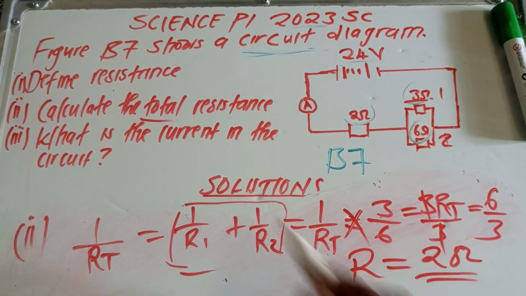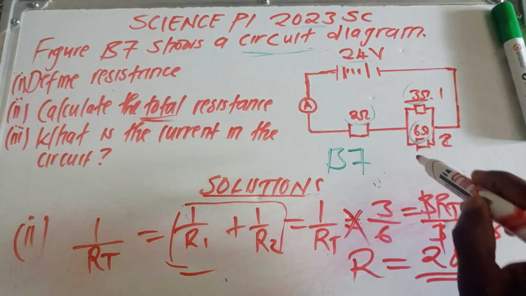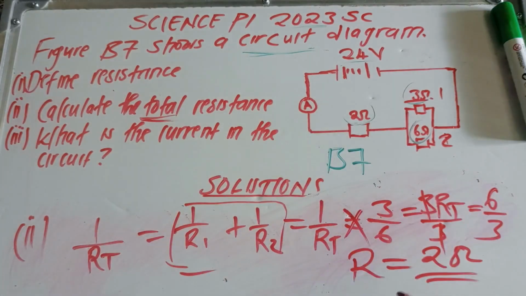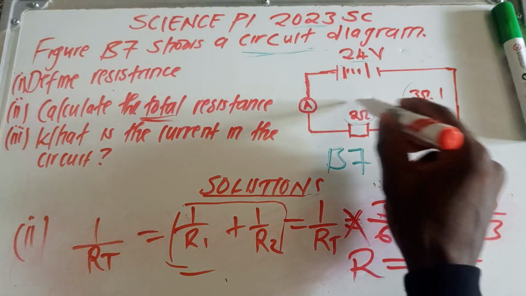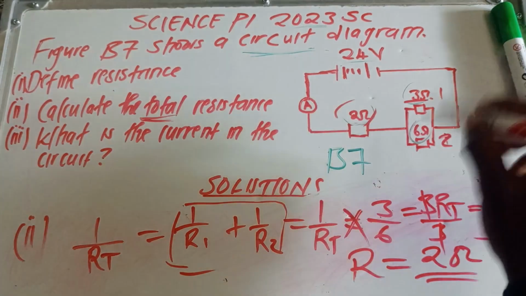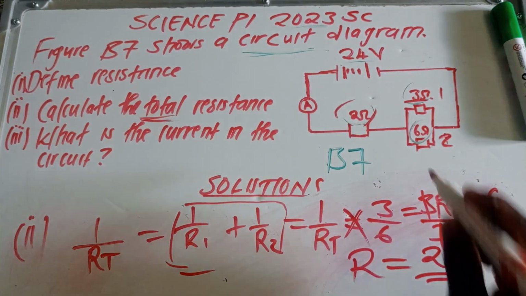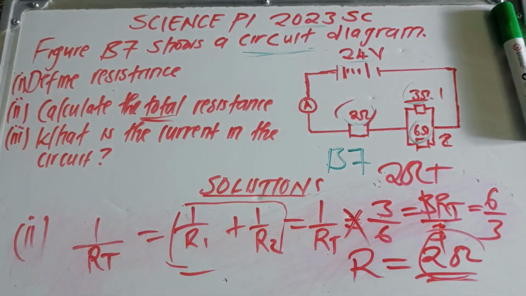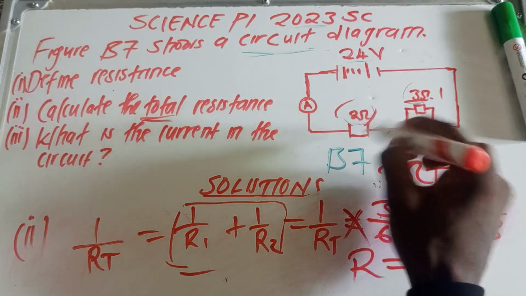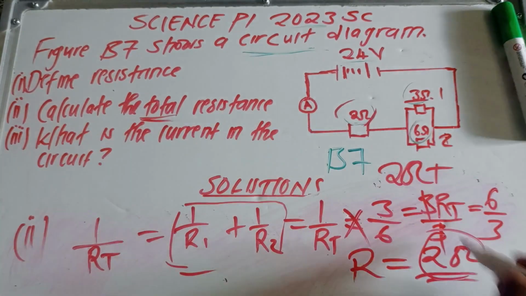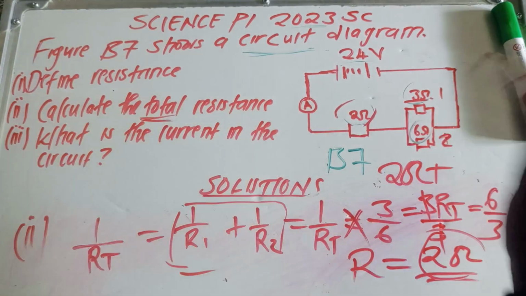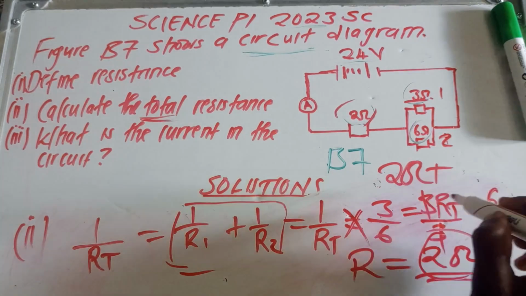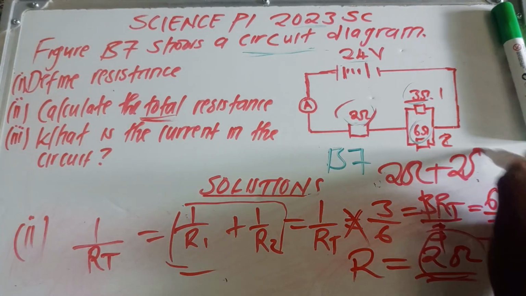Now, remember, the question is asking us to calculate the total in this same circuit. So what you are going to do is combine this one now with the one which you have just calculated. We are going to say 2 ohms plus 2 ohms.